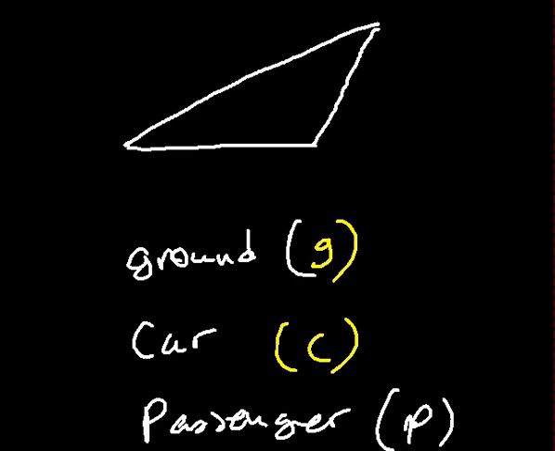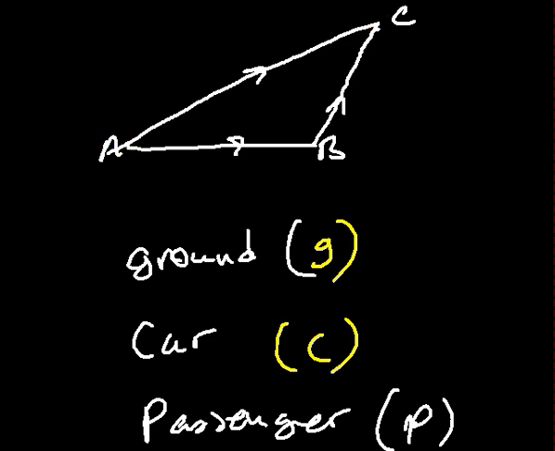Let's say this is a typical triangle, the triangle A, B, C. And for this case, let's say we have something like that. And let's consider the motion of the object from A to C.